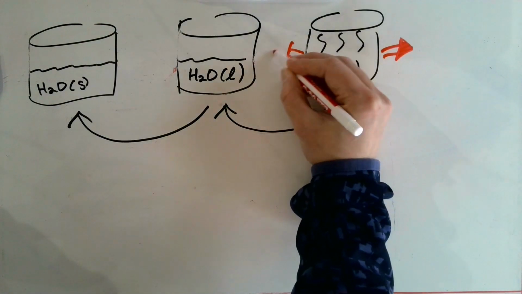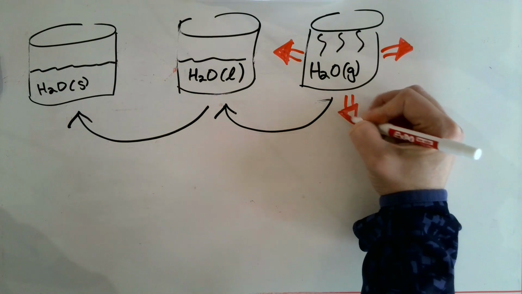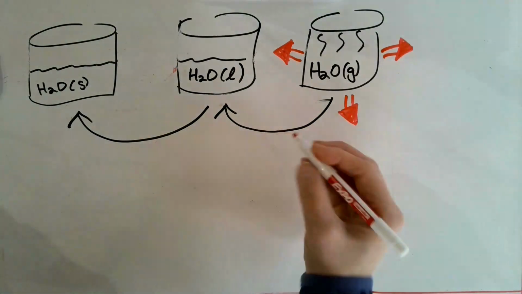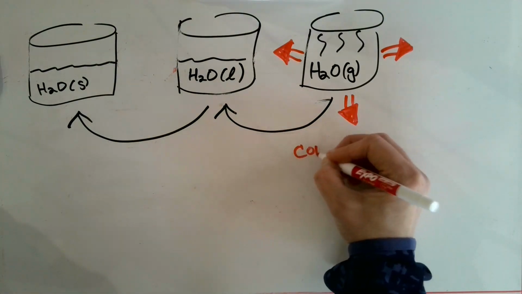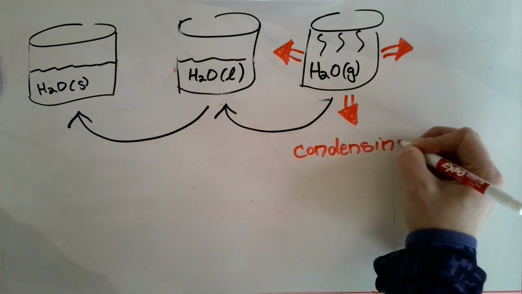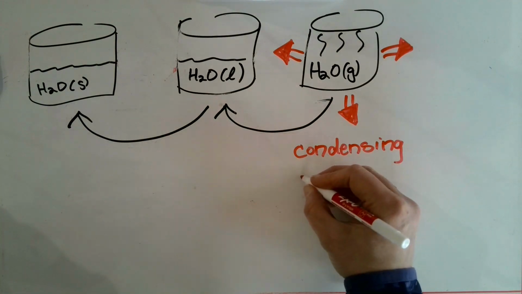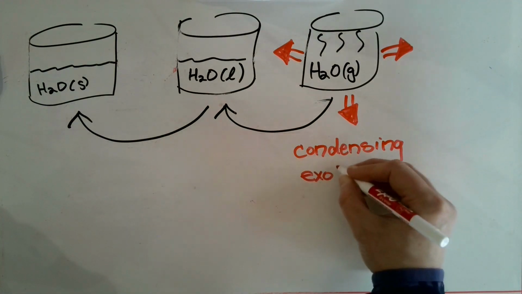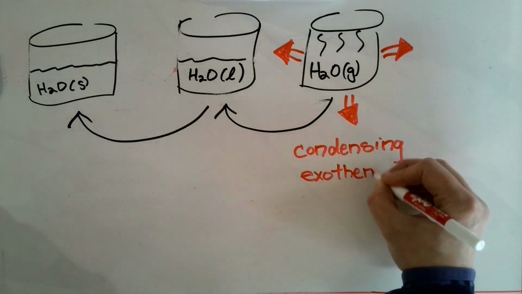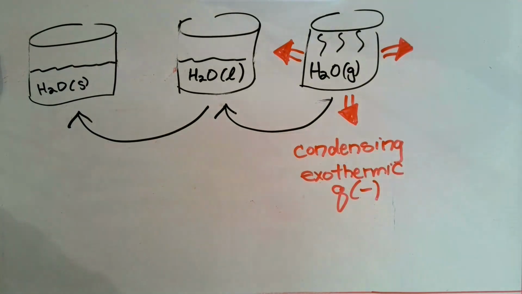So the heat needs to be coming out of the system. So when I go from a gas to a liquid, I'm condensing. And condensing is exothermic. My Q is negative. The heat is traveling out of the system.